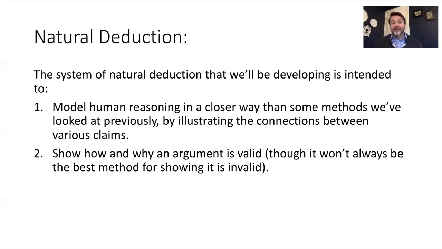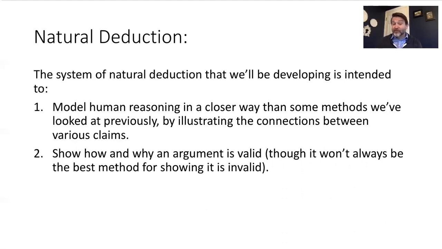Additionally, this system of natural deduction shows how and why an argument is valid, right? Our truth table method could tell us if an argument is valid, but it didn't tell us anything about why it's valid or not. We just would see, for example, that there's no way for the premises to be true while the conclusion is false, just given the logical structure. But we don't really know what the machinery is that is grounding that truthful inference.